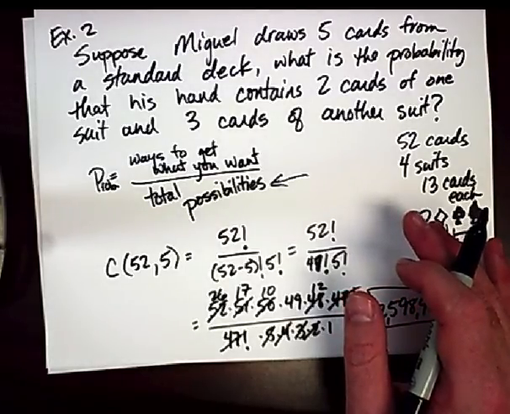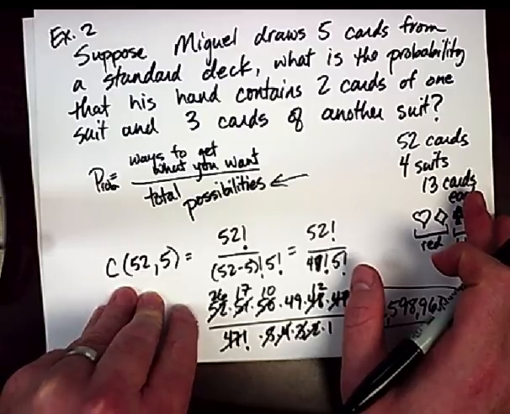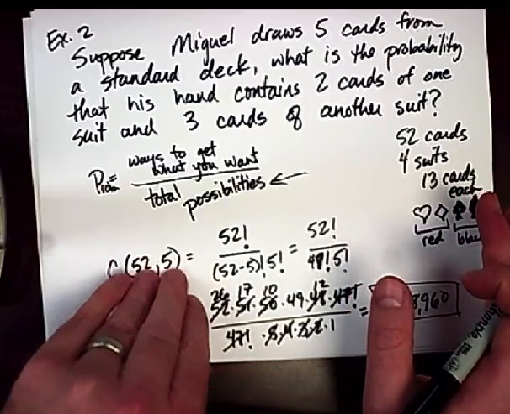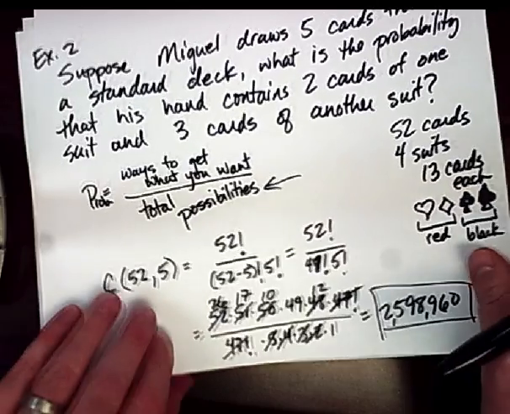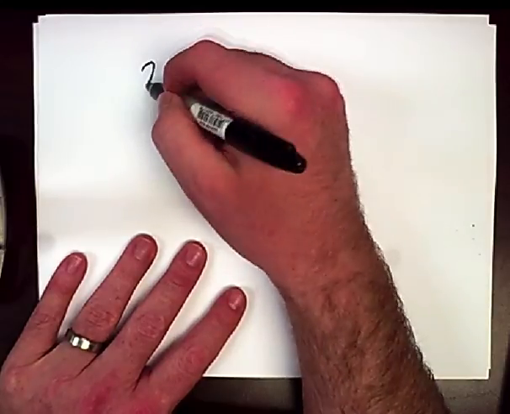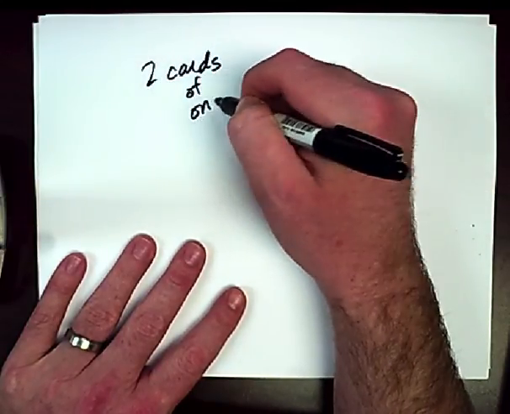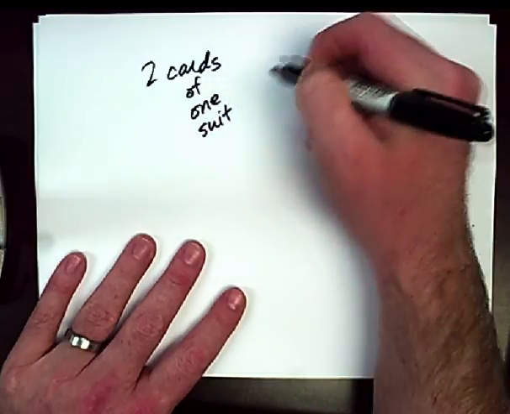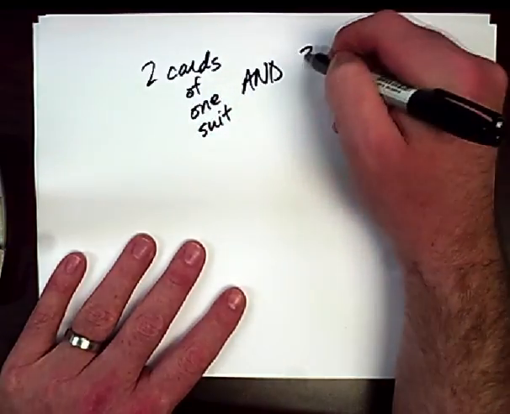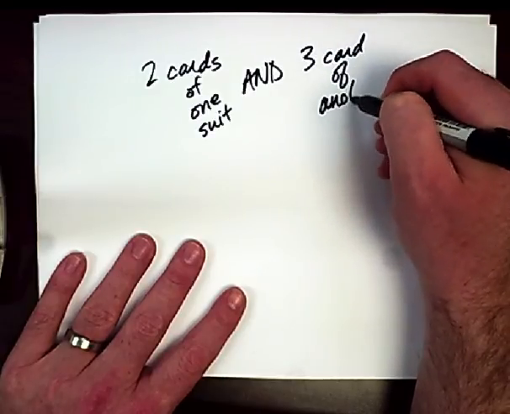So now we're going to figure out how many ways you can get 2 cards of one suit and 3 cards of another suit.